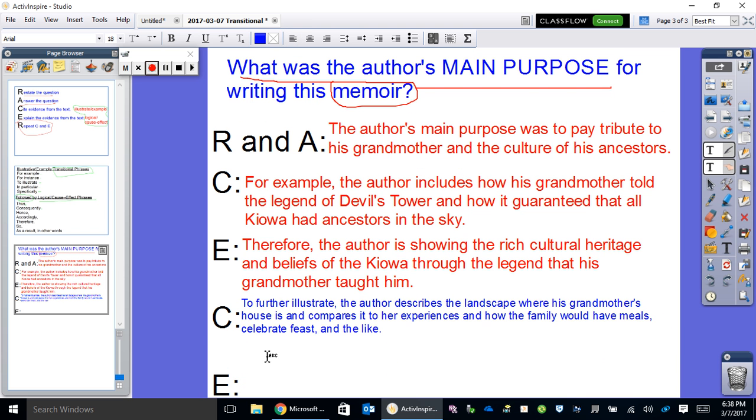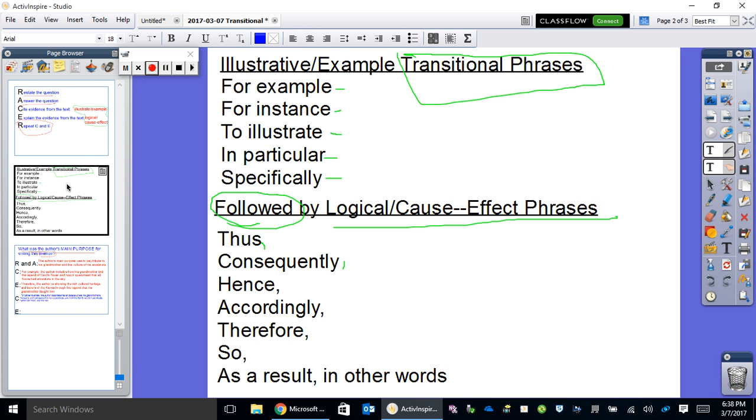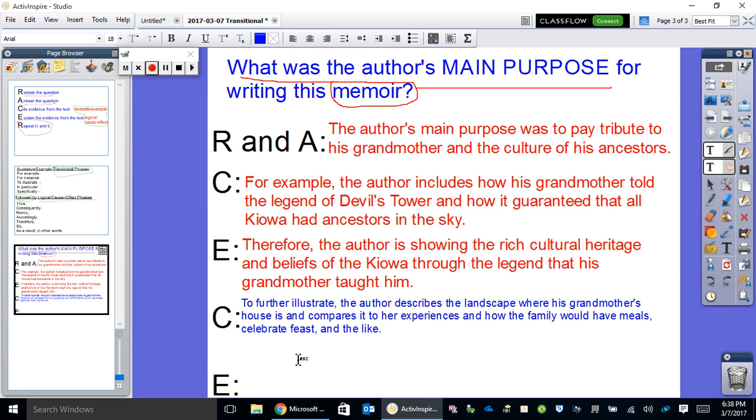we have more citation of evidence from the text, but we haven't explained, well, why does that fit? So I'm going to go ahead and start a new sentence, and I'm going to use one of these logical cause-effect phrases. We've already used therefore, so I'm going to use the next one, which is hence.